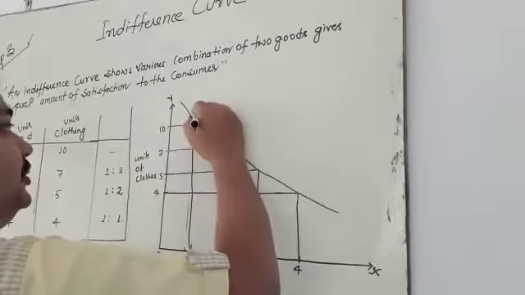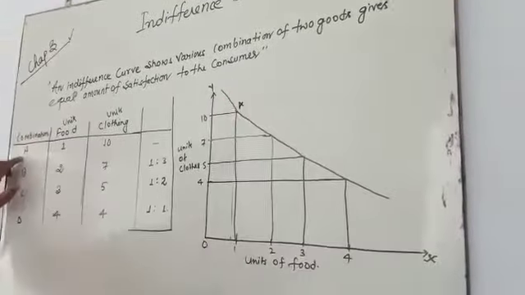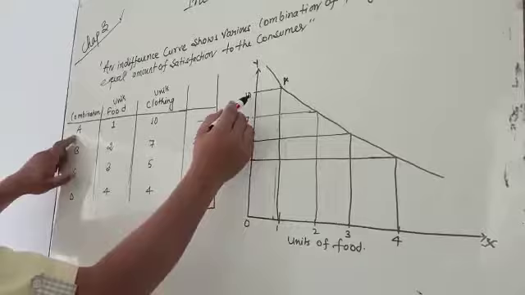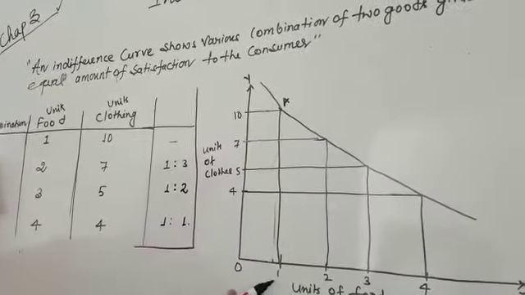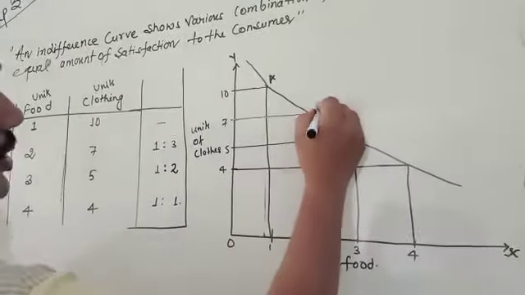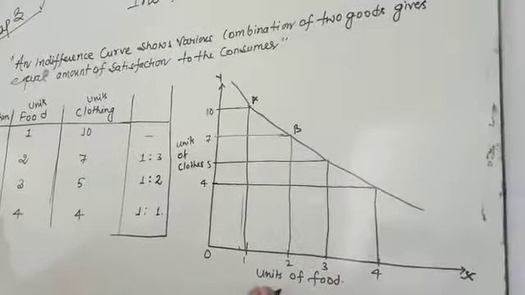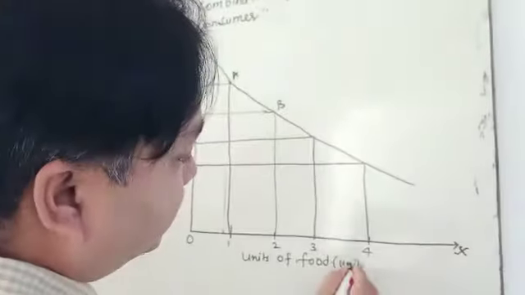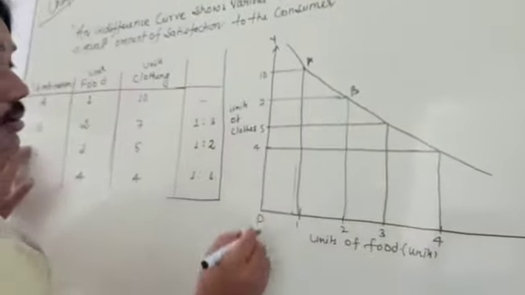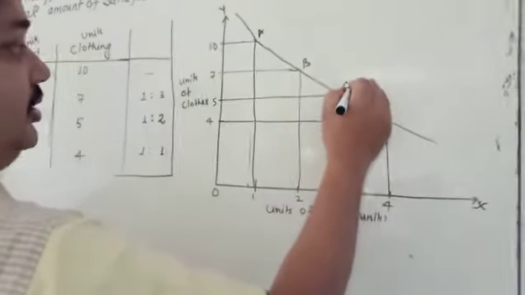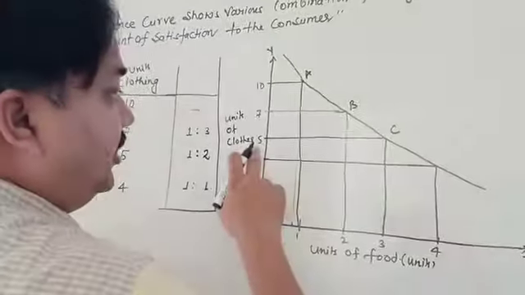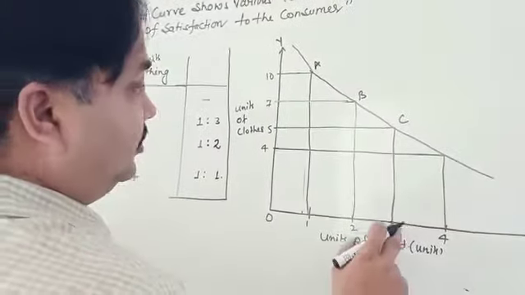So we have already mentioned combination A. What is combination A? 10 clothes, 1 food. Combination B, 7 clothes, 2 units of food. You can write units. Again combination C, 5 units of clothes, 3 units of food.